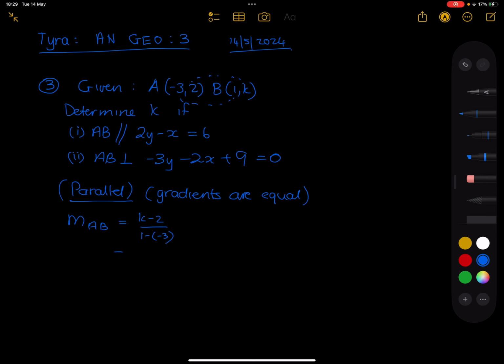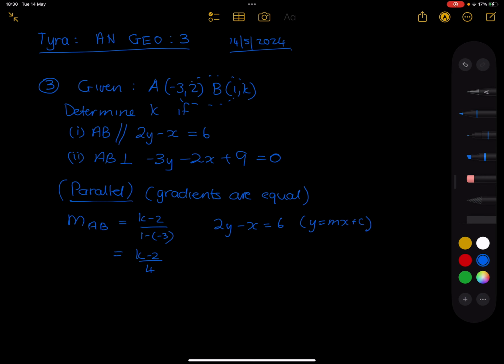So that gives you K minus 2 over 4. And then if you have the line 2y minus x equals 6, you must first write it in the form y equals mx plus c.